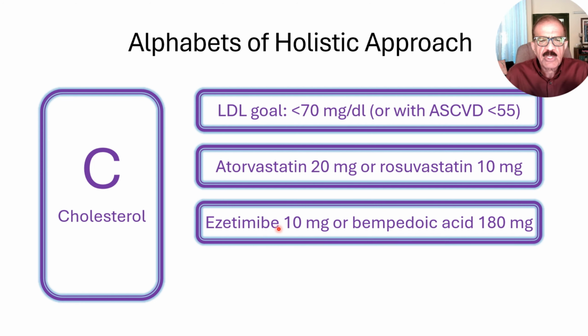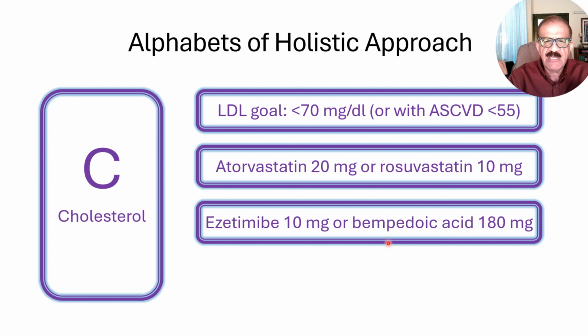Liver also secretes a lot of cholesterol into the intestine, which is then absorbed. So ezetimibe actually have very strong effect if taken with meal. So it will prevent absorption of total cholesterol coming from the diet and also coming from the liver. And this is usually combined with atorvastatin, rosuvastatin in low dose.